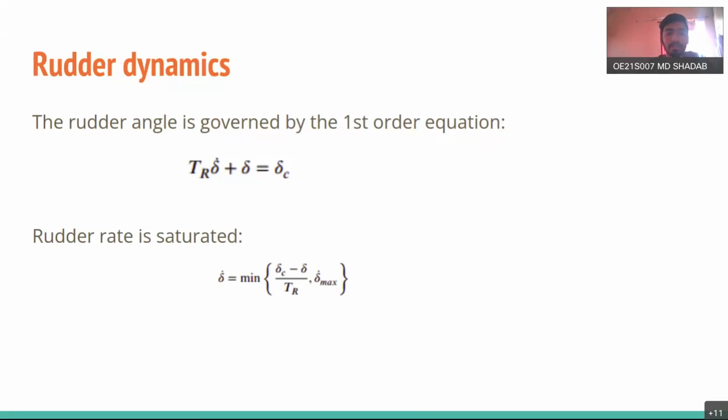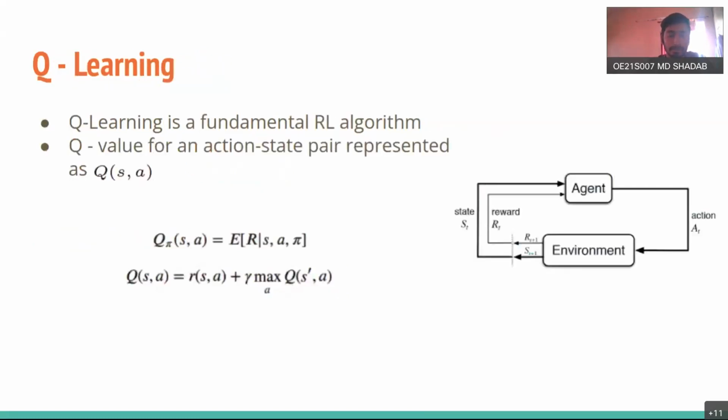Can you go to the next slide? Now we have taken Q learning. First, we will talk about Q learning. Q learning is a fundamental RL algorithm in which every action has an associated reward with it. This Q value is denoted by Q(S, A), where A is the action and S is the state.